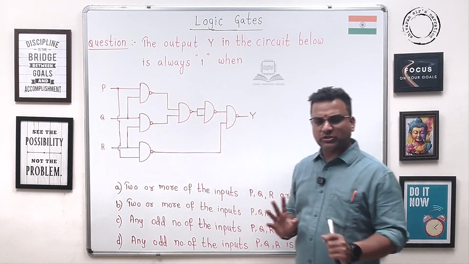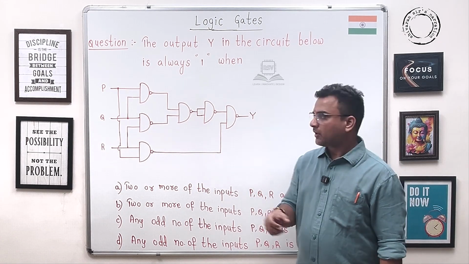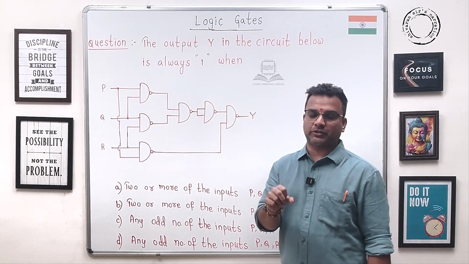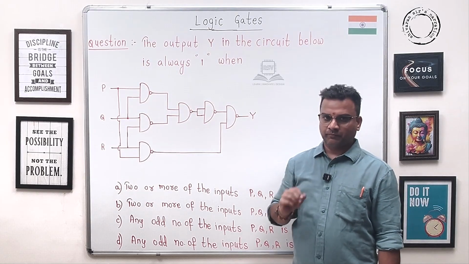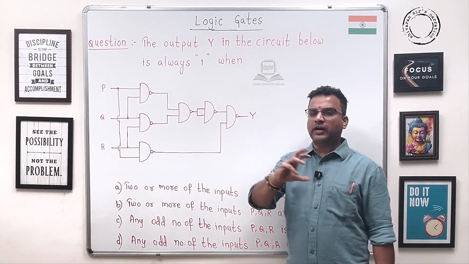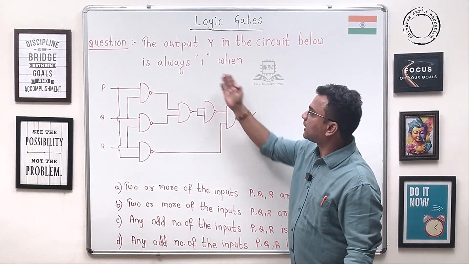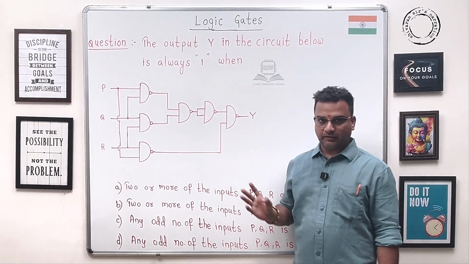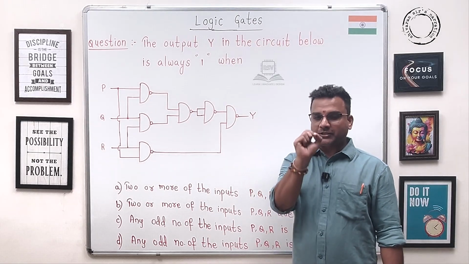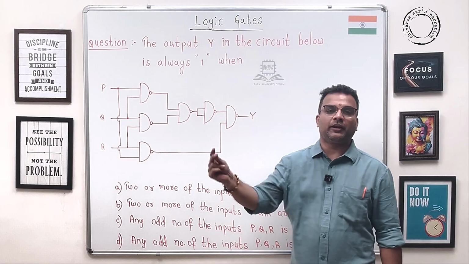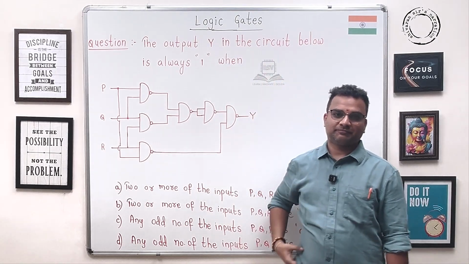Okay, usually what we do is calculate the actual Boolean function, the Boolean expression. Accordingly, we will choose the options, or we can see the design requirement for which condition output will be 1. However guys, with a simple shortcut, you can finish this question in a fraction of seconds.